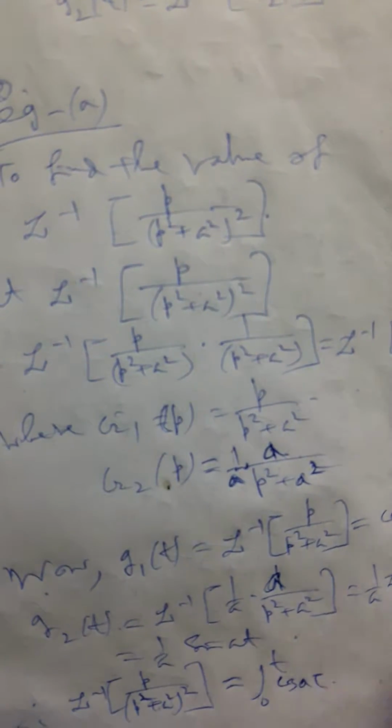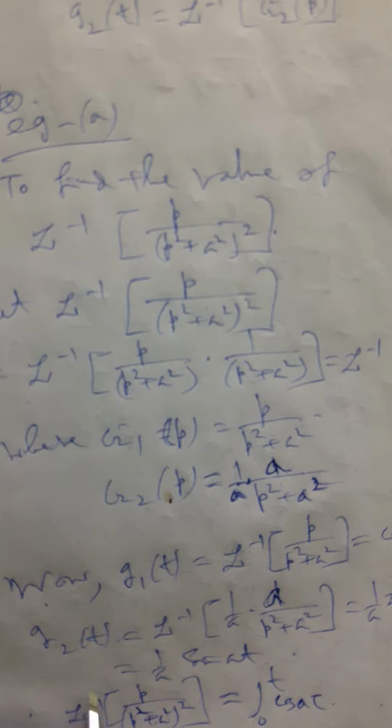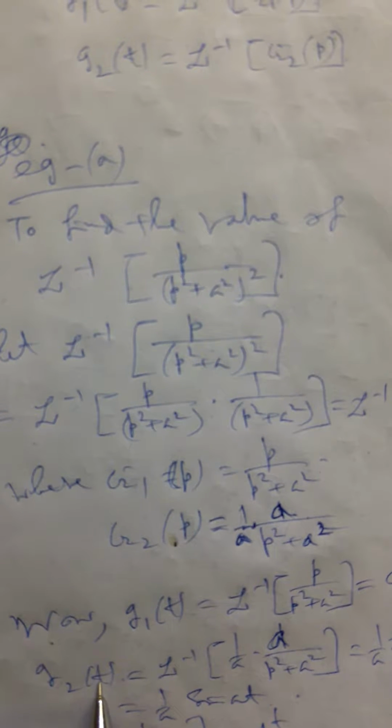Next, for g2(t minus tau), g2(t) is 1 by a sine of at, so g2(t minus tau) will be 1 by a sine of a into (t minus tau).